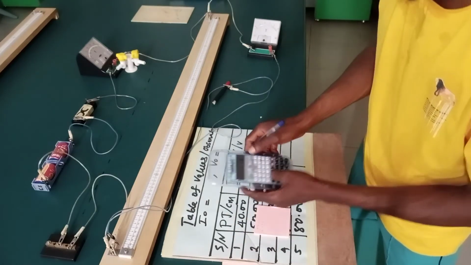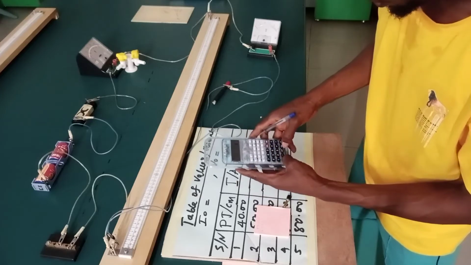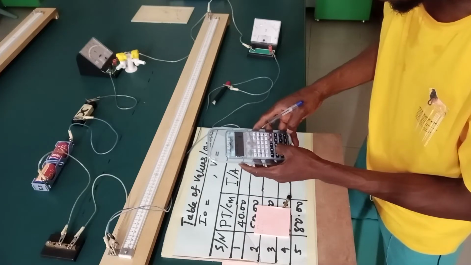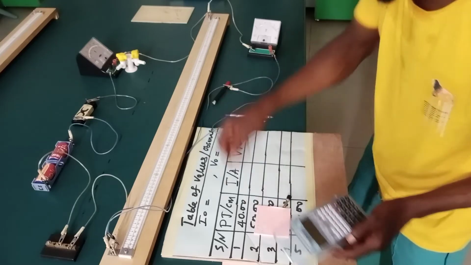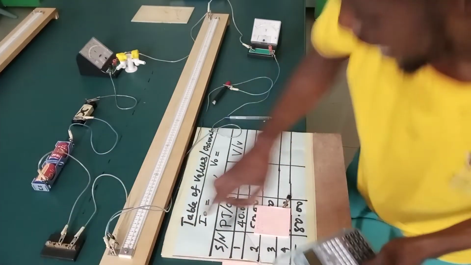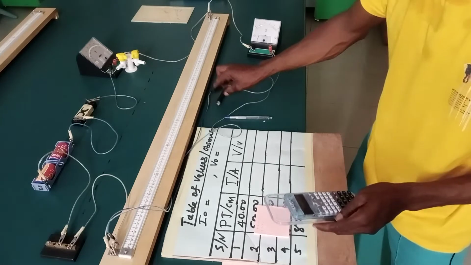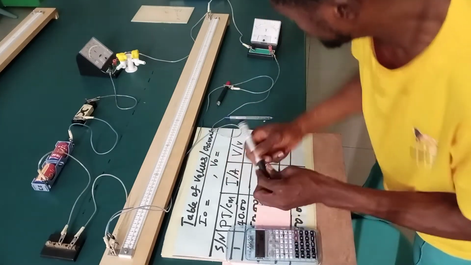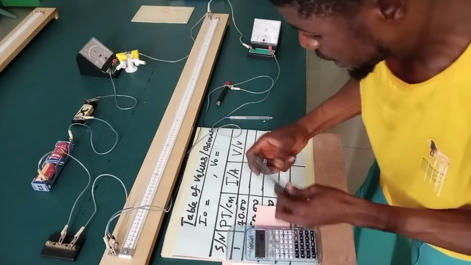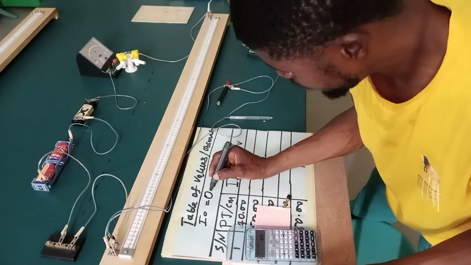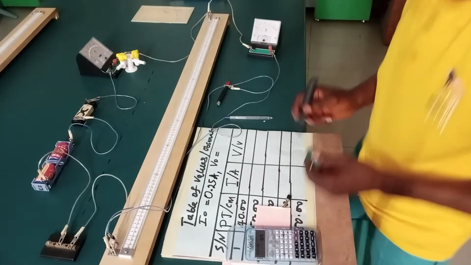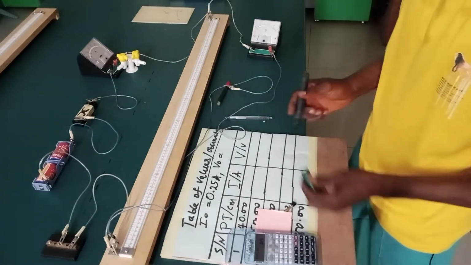So I have 5 times 0.06. Good. So the peak current I naught when the jockey was not in contact is simply 0.25 ampere. That's it.